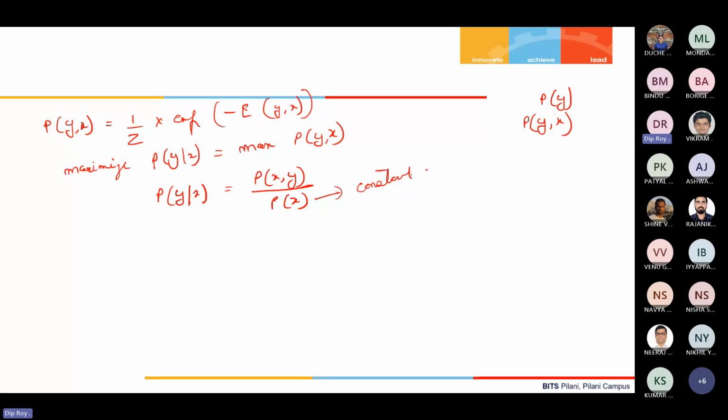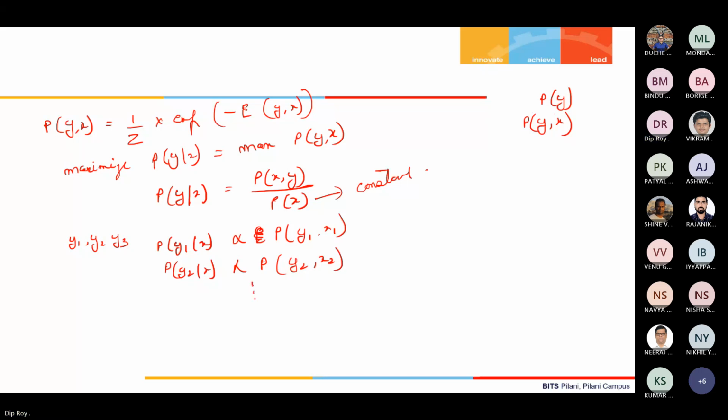So when comparing different possible clean images, Y1, Y2, Y3, and so on, probability of Y1 given X is proportional to probability of Y1, X. Probability of Y2 given X is proportional to probability of Y2, X, and so on.